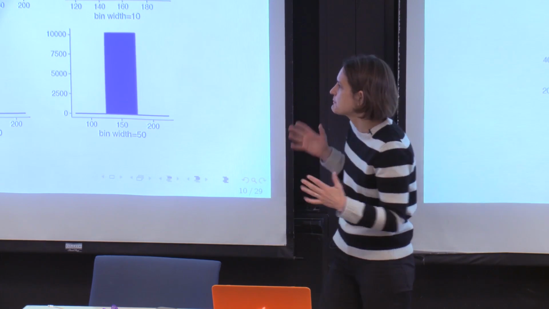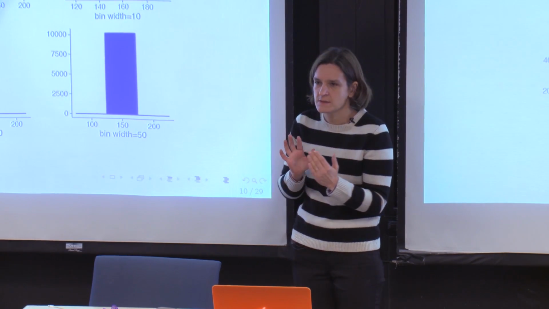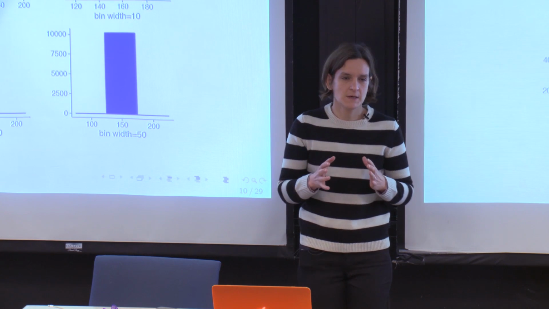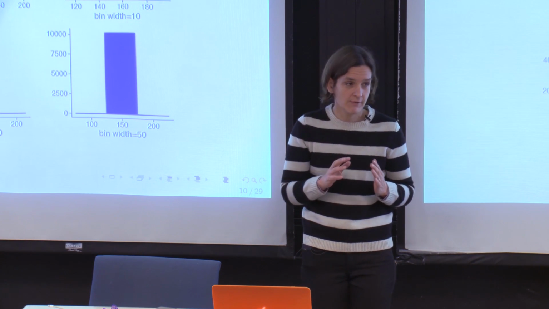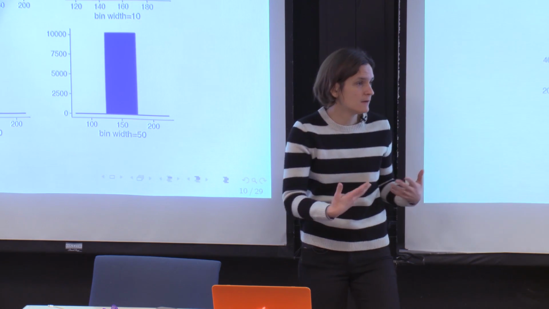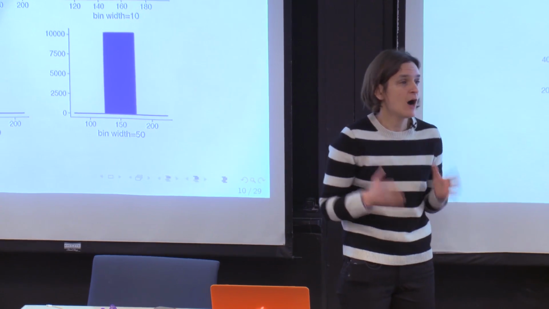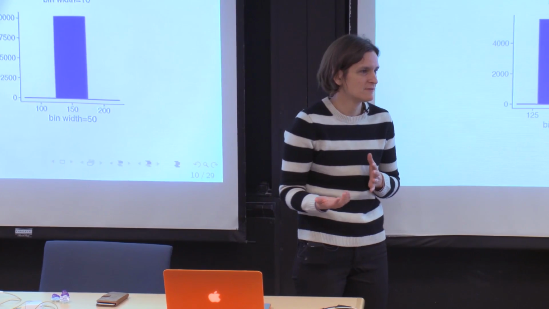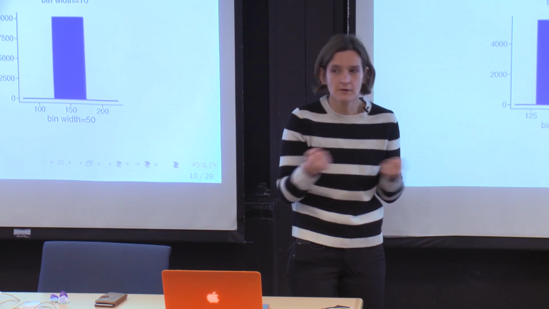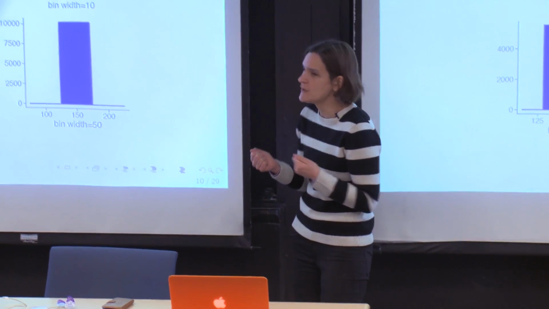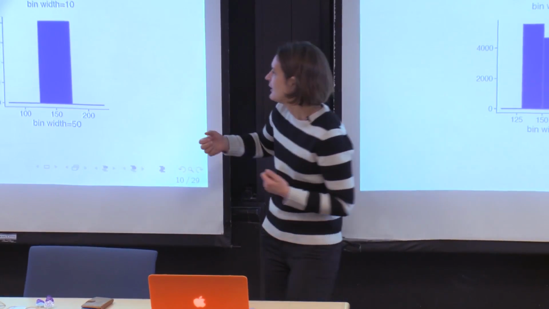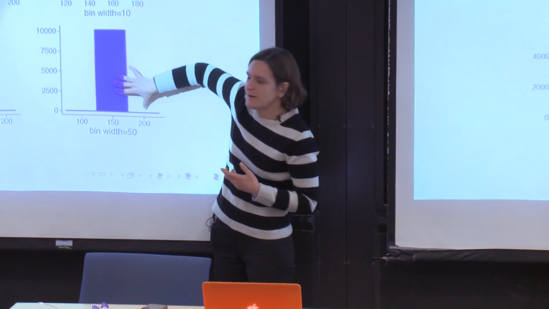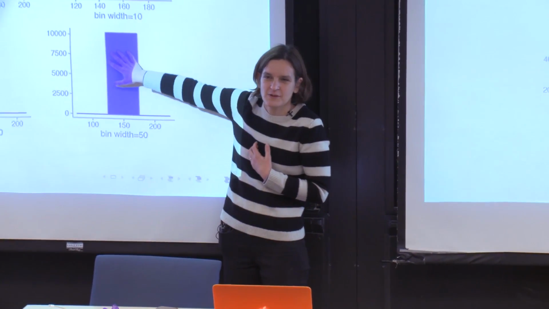So the choice of the size of the bin is always a choice between how much information I want to convey from my underlying data versus how much noise I'm willing to tolerate. The trade-off in the size of the bin is always between bias and variance. If we go too far, that doesn't represent the distribution at all.